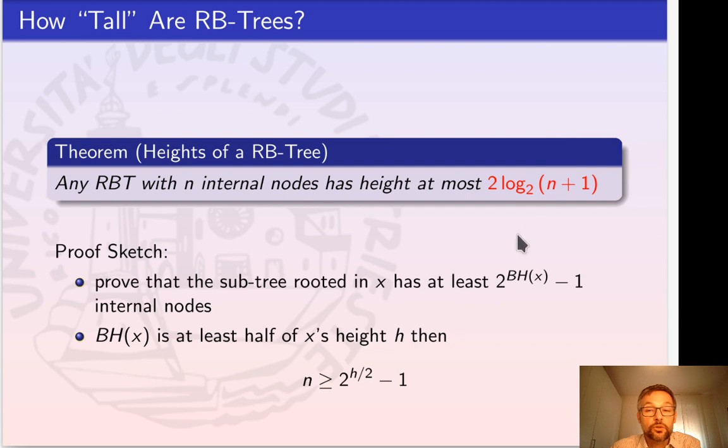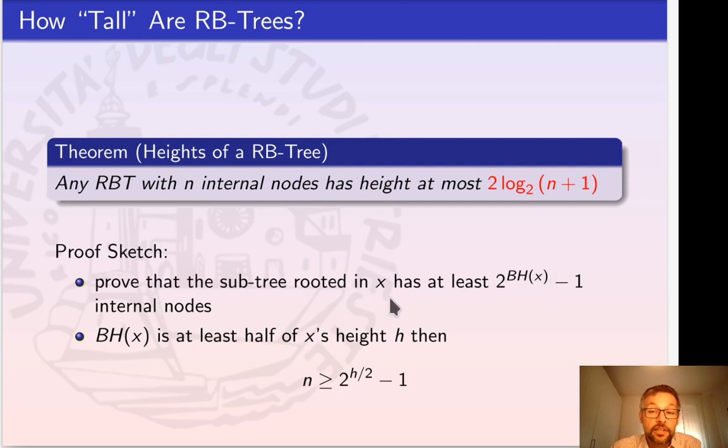And this is quite easy to prove, because we can prove by induction that the subtree rooted in each node in the regular tree has at least this number of internal nodes. So if I'm dealing with a leaf, I'm dealing with 2 to the power of 1 minus 1, which is 1, and so the subtree rooted in a leaf ends up having at least one node.